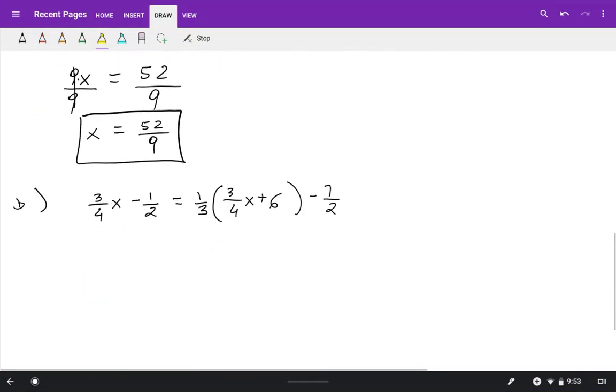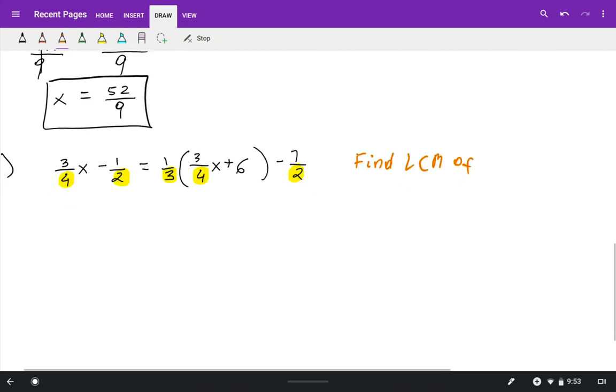So in B, the denominators are 4, 2, 3, and of course 4 again and 2. First we need to find the lowest common multiple of the numbers you see in the denominator, which are 4, 2, 3. I'm not going to put that 4 again.